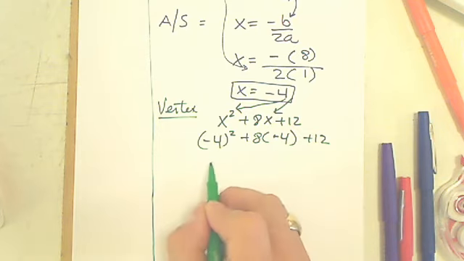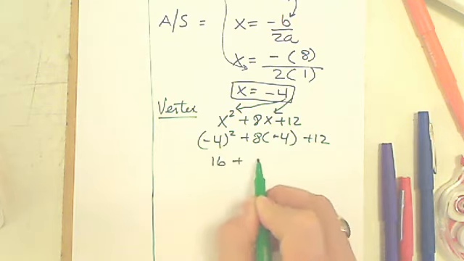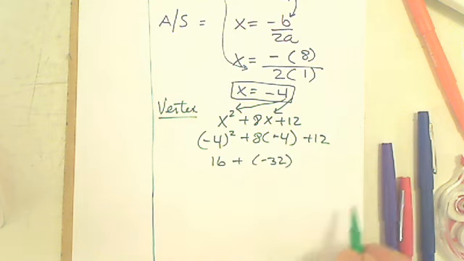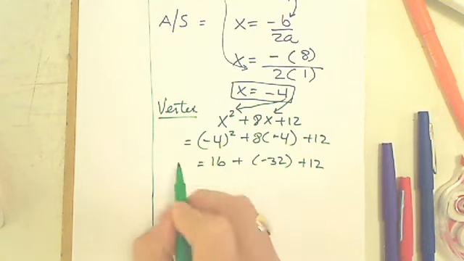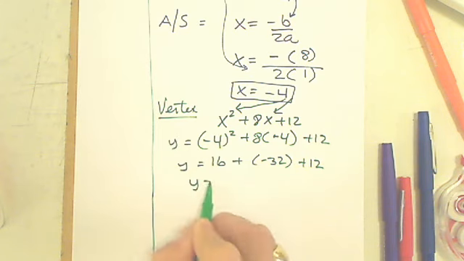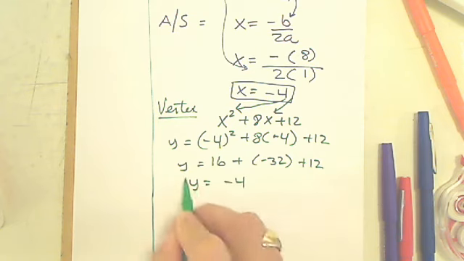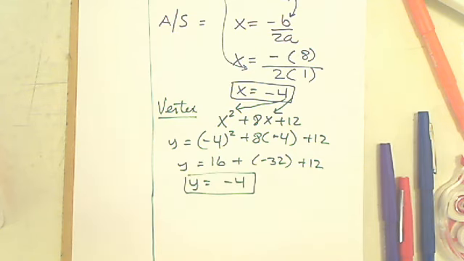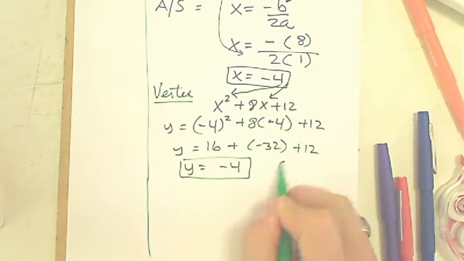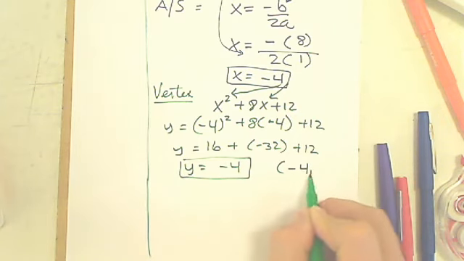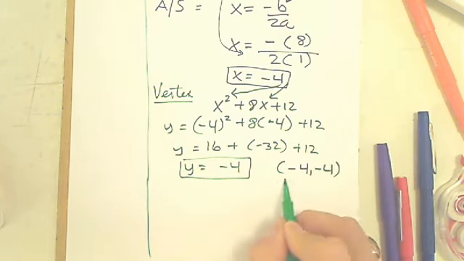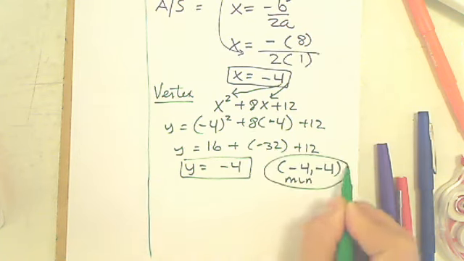What's negative 4 squared? And then plus negative 32 plus 12. When you add everything together, y is also negative 4. What is your minimum point? Negative 4, negative 4. There's my vertex.